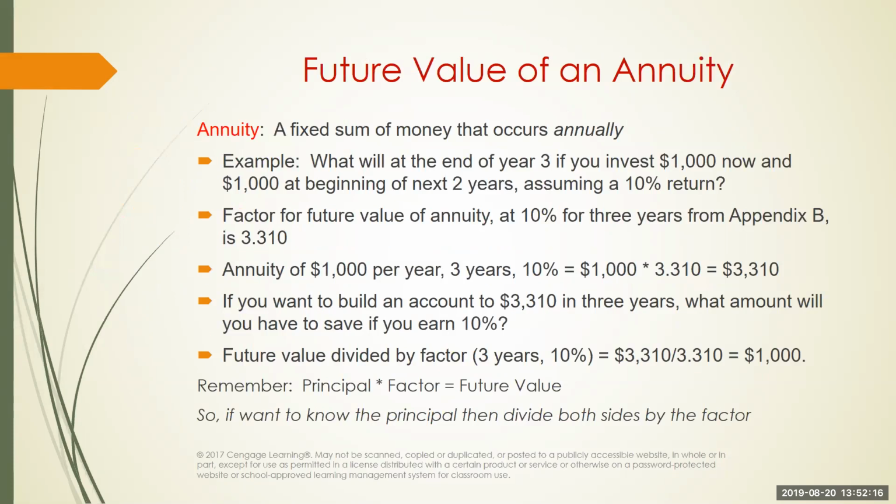Okay, let's take this a step further based upon what I just told you about an annuity. And let's start all the way down at the bottom of the screen. I just want to reiterate that our formula is principal times factor equals future value. And you'll always be able to look the factor up in the tables, but sometimes you're going to be solving for the principal, and sometimes you're going to be solving for future value.